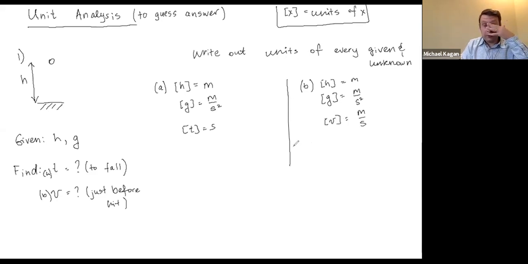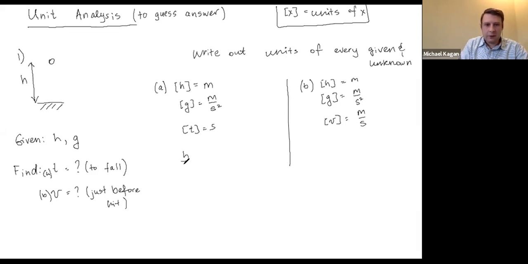So what we're allowed to do in this simple game is to multiply, divide, raise to power, including fractional and negative power. So we see we need to get rid of meters. That means we need to divide h by g or g by h. And a closer look will tell you that it's actually h divided by g that'll do, right?